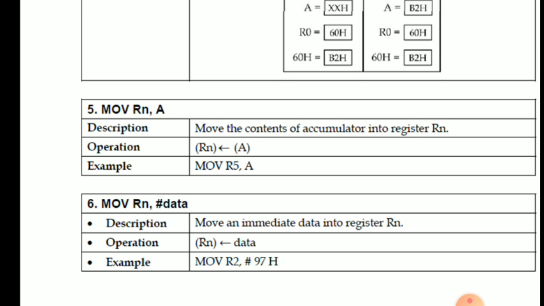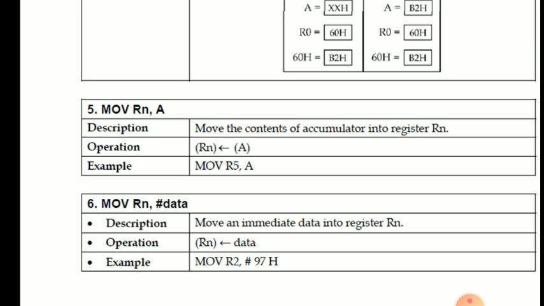So before execution R5 has some random data XXH. After execution, on the right side of the table you can write that the accumulator is 32H and R5 also has 32H, as the contents are copied from the source to the destination by this instruction, MOV Rn, A.